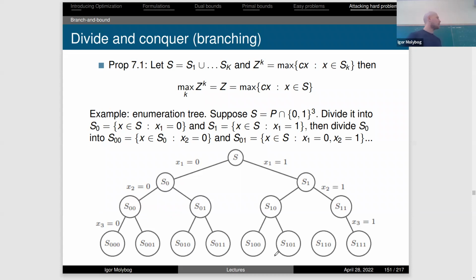In the second quarter, we were focusing on problems that are not generally easy to solve, but we still need to solve them, right? We really don't know the correct polynomial time algorithm, but we just want to know any algorithm. And the first idea that we discovered for ourselves is the idea of branching, or the divide and conquer principle.